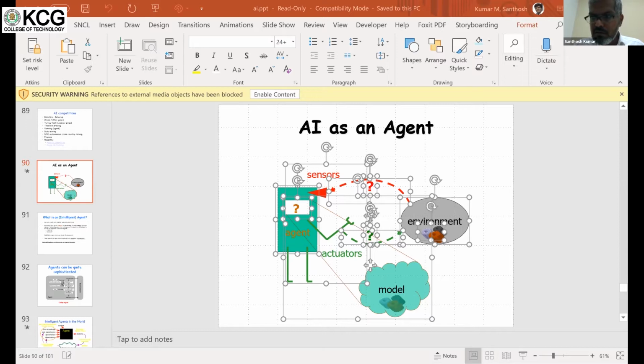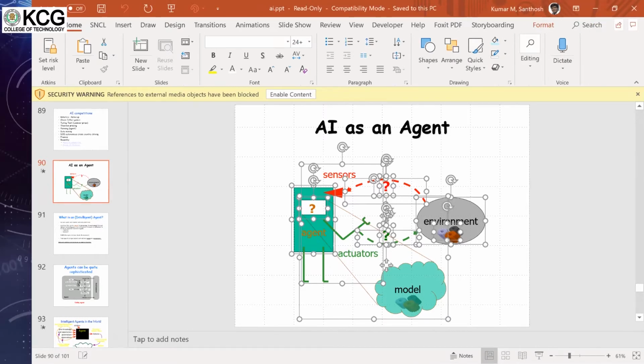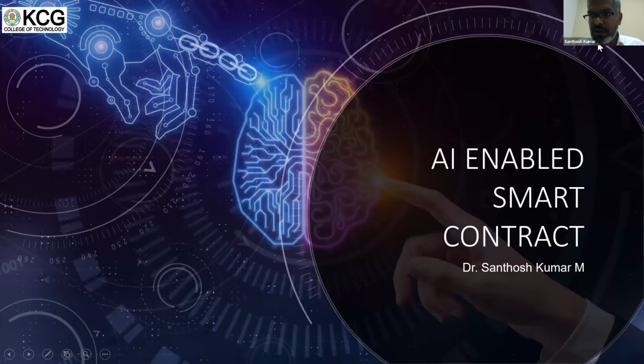Can you see my screen? Sir, it is showing us started screen sharing. Okay, I think I need to restart. I don't know why. Now your screen is visible, sir. Okay, so you're seeing this, right? Yes, sir. AI enabled smart contract. Okay, first slide.